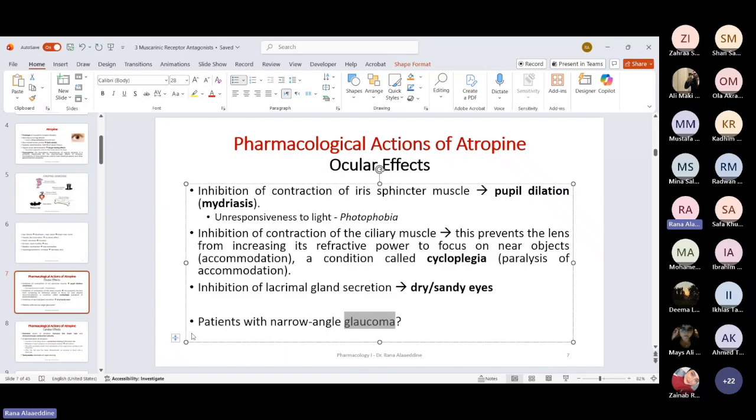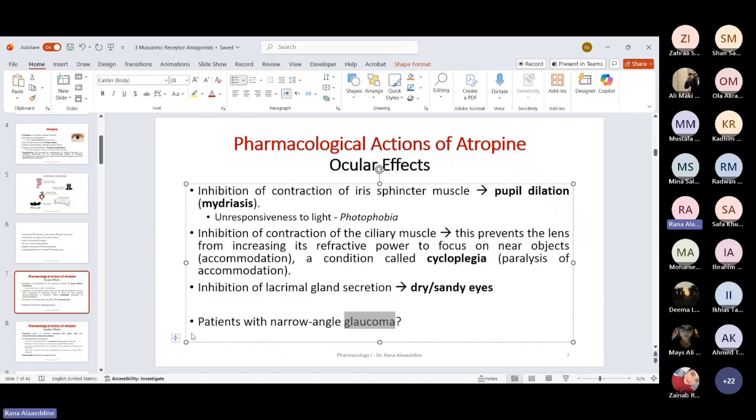It builds up, and this causes an increase in the pressure. It's not actually blood pressure, it's a pressure from the amount of liquid in the eye. And when the amount of liquid in the eye is very large, sometimes it can push on the optic nerve, and that can cause very serious side effects. It can lead to blindness sometimes.